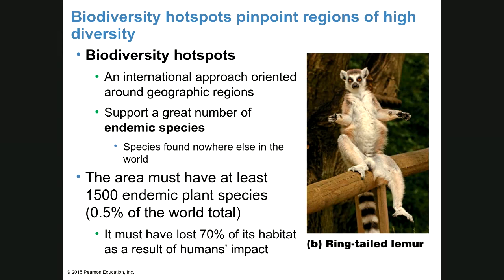The other criterion is that the area must have at least 1,500 endemic plant species. Endemic means it's only found there on the planet. If a plant is native to Puerto Rico, you're not going to find it in Australia, India, or Iraq. So these are areas with huge threats of habitat loss, as well as 1,500 or more endemic plant species.